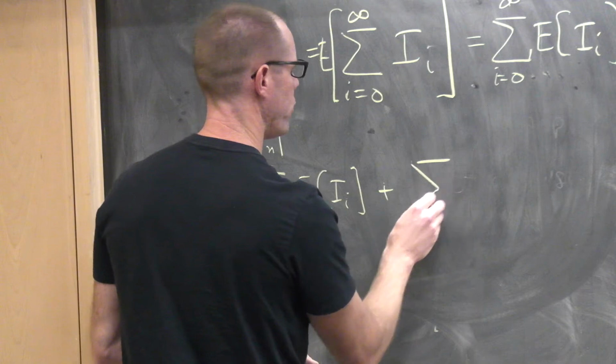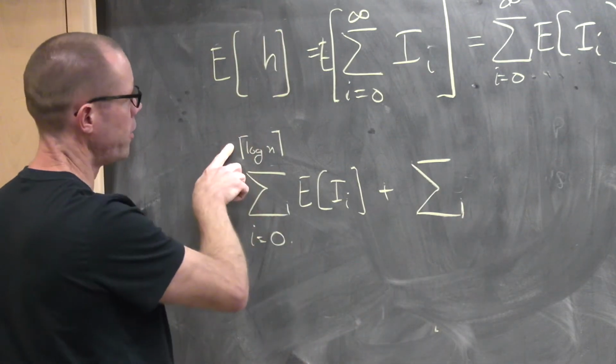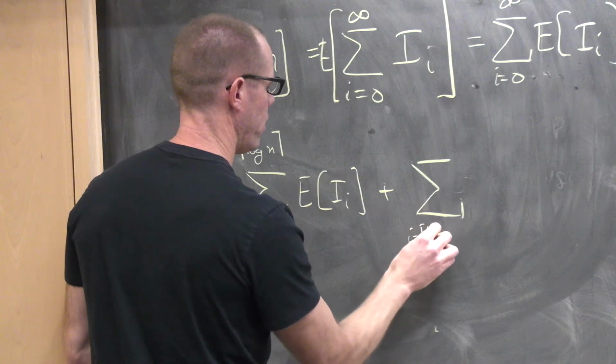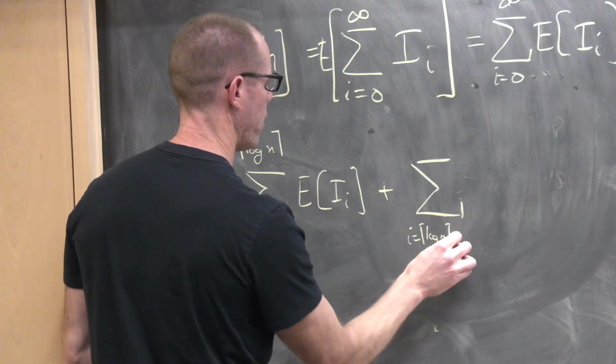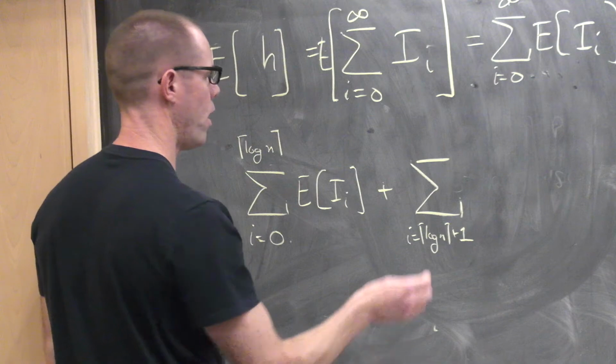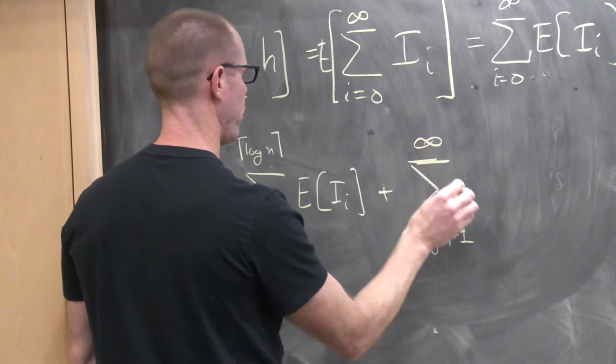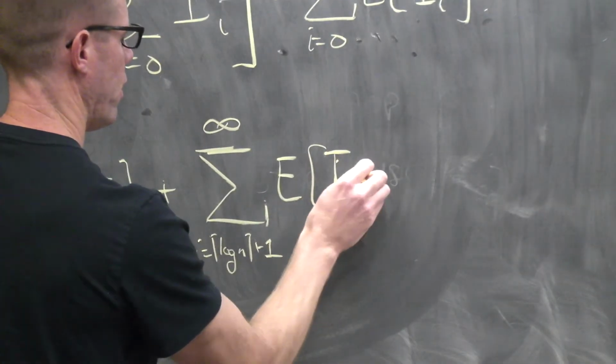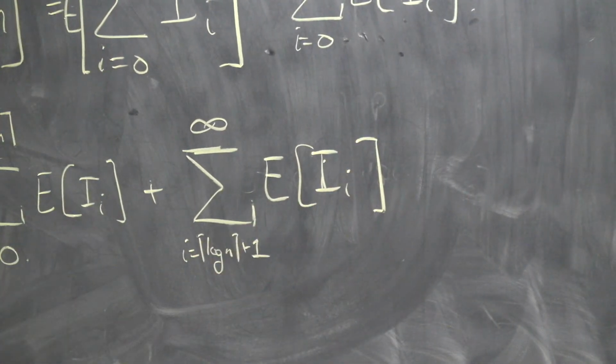We split it into two parts. One just goes up to the ceiling of log n. The other one starts at the ceiling of log n plus 1 and continues to infinity of the expected value of I sub i. Okay?